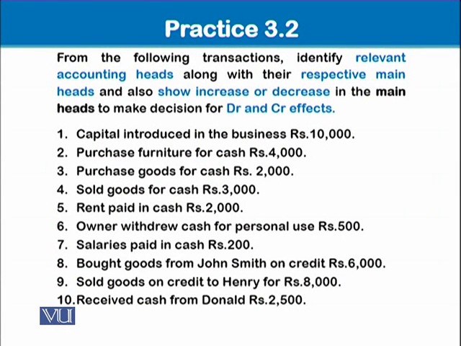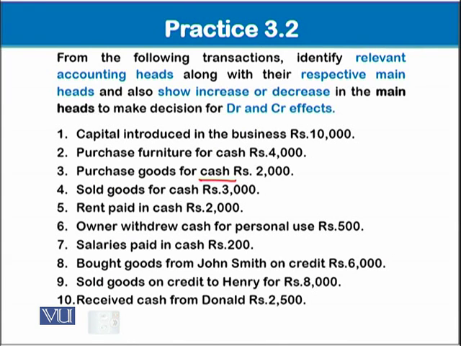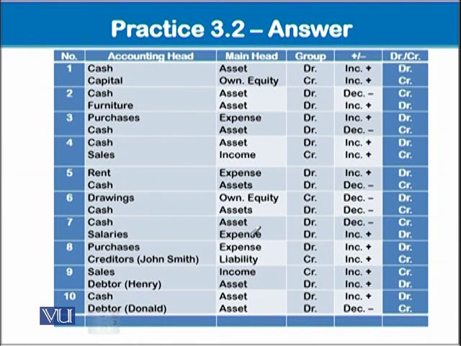Here again we are having cash and purchases. These are the two accounting heads. Just see, one accounting head is purchases, the second accounting head is cash. Purchases are expenses and cash is asset. Debit group.